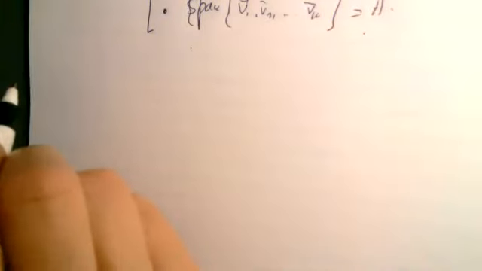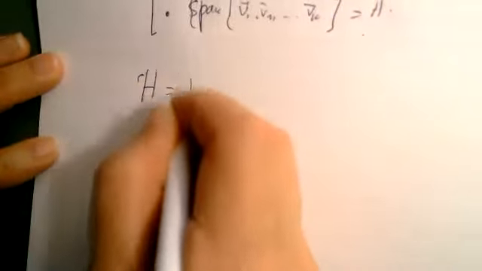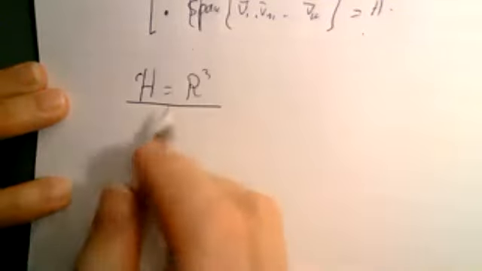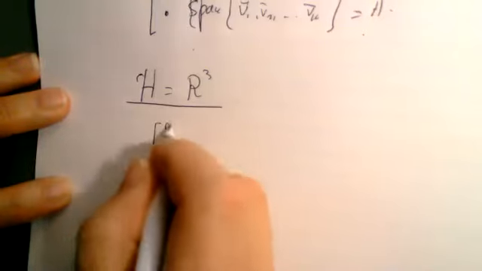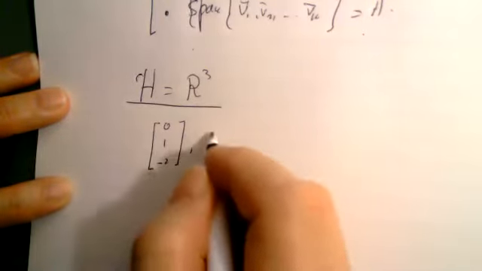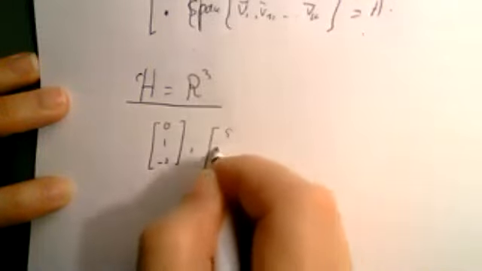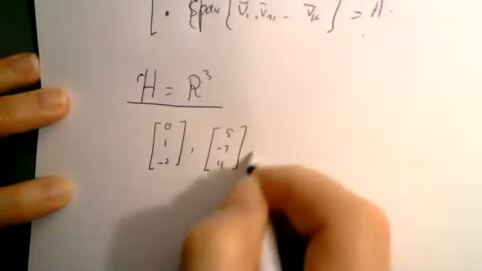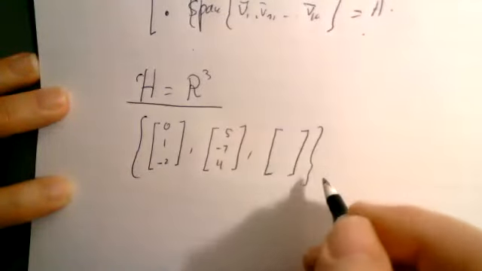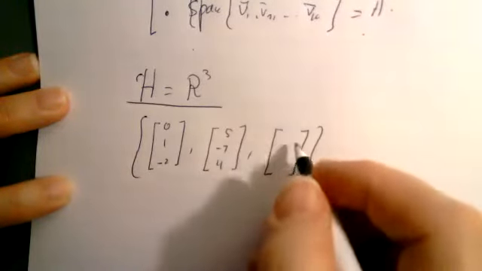So I will look at problems in your book, and I like number 17. My subspace now is R3. I'm going to take a bunch of vectors: (0, 1, -2), (5, -1, 4), and my third vector is (6, 3, 5).